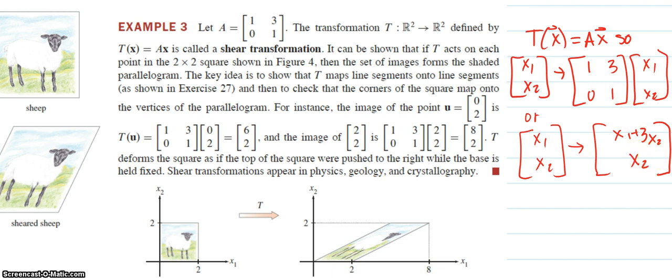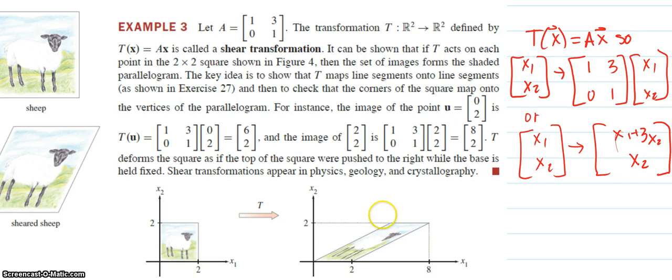So if you plug in your 0, 2 here, we get it automatically. The x1 would be 0 and the x2 would be 2, so there's where the 6 would come from, and then this would be the 2. And the 2, 2 would plug in 2's everywhere, so that's where the 8 would come from, and that's where the 2 comes from.